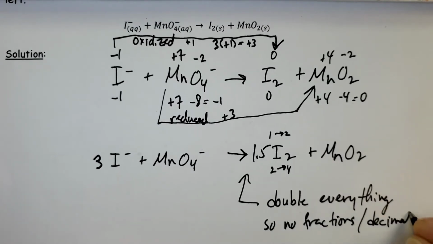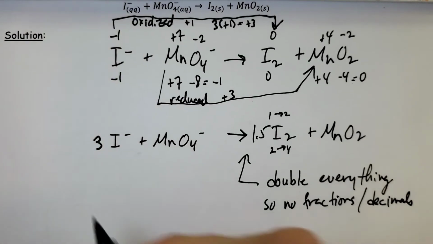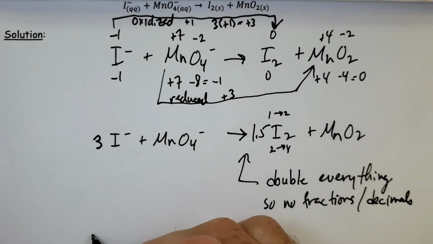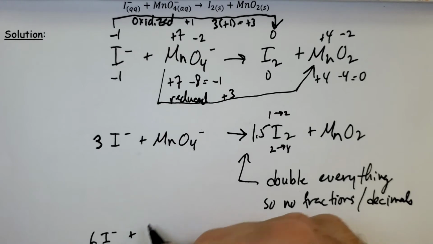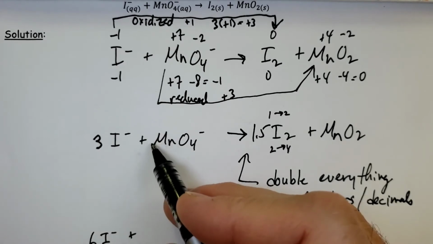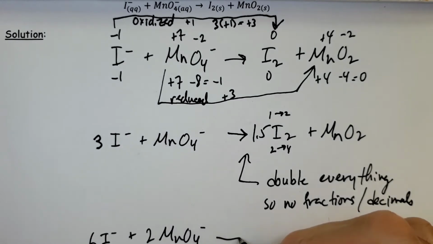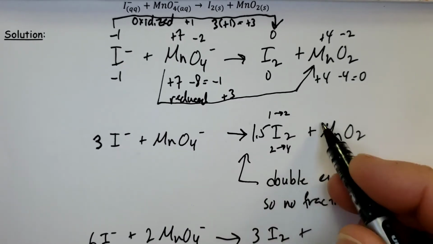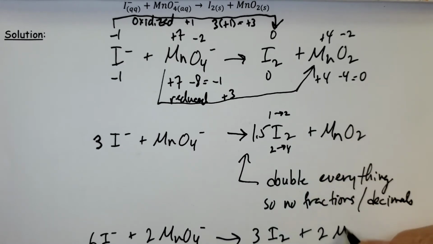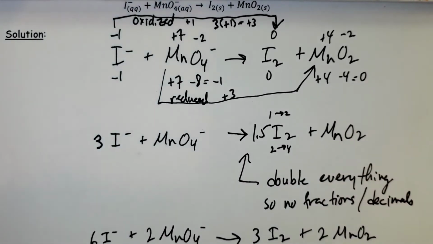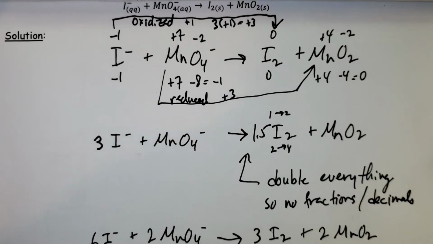And really, you're not changing anything by doing that. So 3 doubled is 6. 1 doubled is 2. 1.5 doubled, of course, is 3. And then 1 doubled is 2. Okay, so we haven't changed anything. We just simply doubled everything.